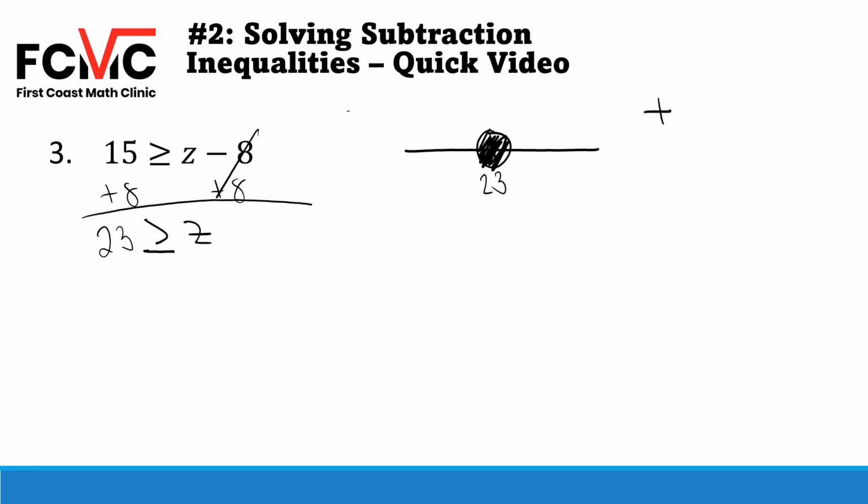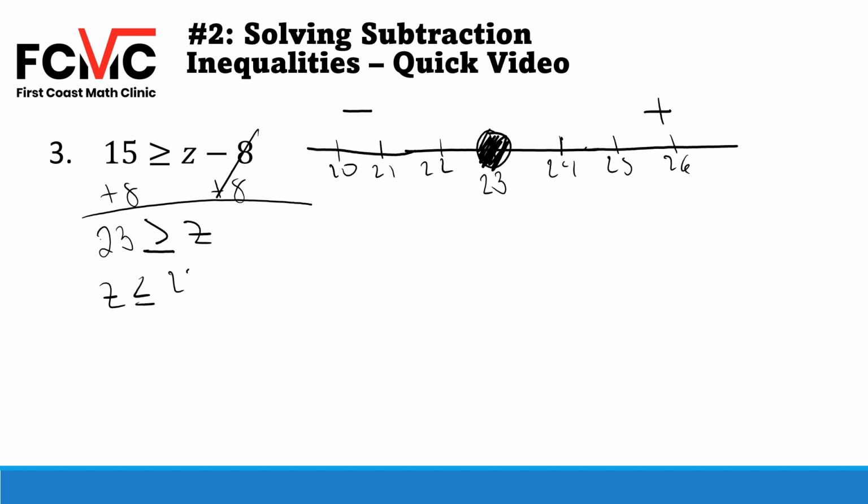Larger values to the right, smaller values to the left. Extend this a little bit, with 24, 25, 26, and then to the left, 22, 21, 20. So 23 is greater than or equal to z, or z is less than or equal to 23.